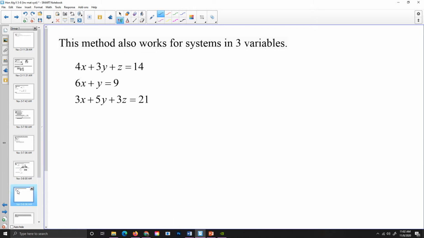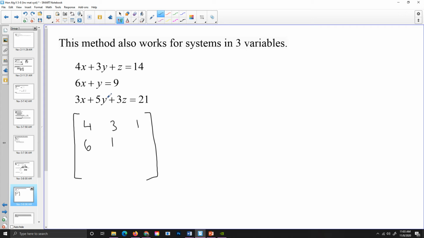This method also works for systems in 3 variables, and it's going to make you very, very happy to know how to do this, because it's going to save us an absolute ton of work. So here we're going to set up our coefficients matrix, and it's going to be a 3 by 3 matrix. The first one's easy. We go 4, we go 3, z has a coefficient of 1, and in the second row we go 6 for the x, we go 1 for the y, and oh wait, there's no z there.